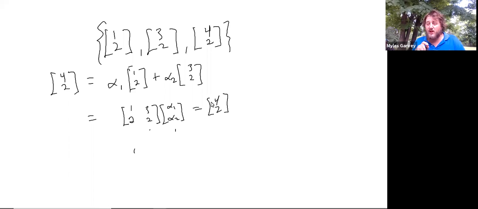If there exists a solution for me to do that, then they're linearly dependent. On the other hand, if there does not exist an alpha 1 and alpha 2, such that when I multiply it by the matrix, I get this, then they're linearly independent. Okay? It really is as simple as that.